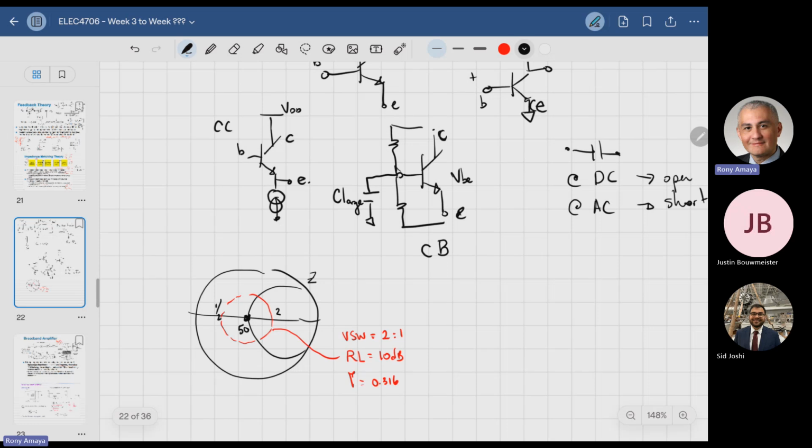Okay, easy stuff. Return loss of 10 dB is effectively 10 log of 0.316. That's what 10 dB comes from.